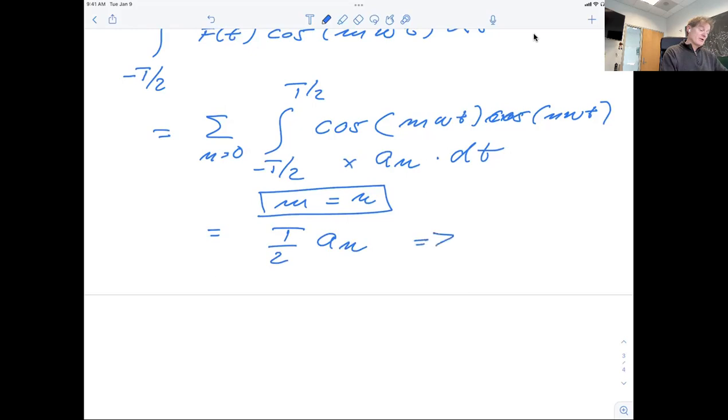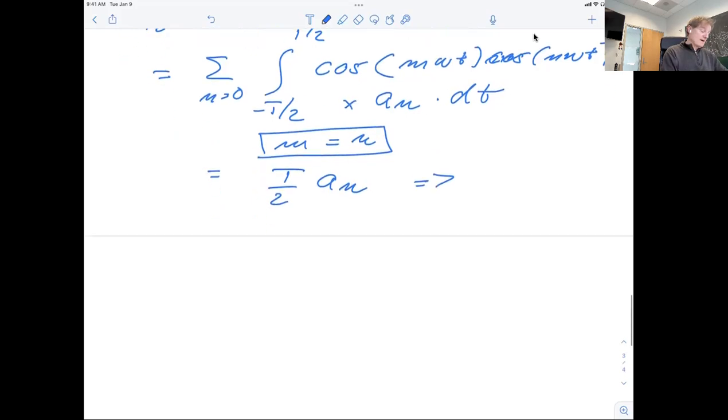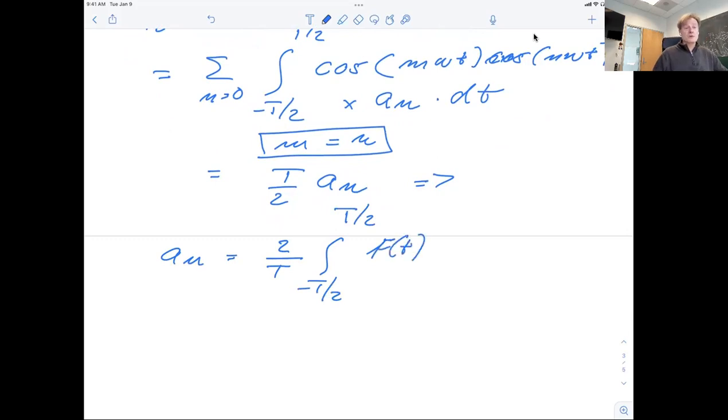So if I bring everything together, then what I have is that a of n is equal to 2 divided by T, and I have an integral from minus T divided by 2 to T divided by 2, and then I get my function f of t. And I'm assuming now that this is a function which I can represent in some kind of mathematical form.